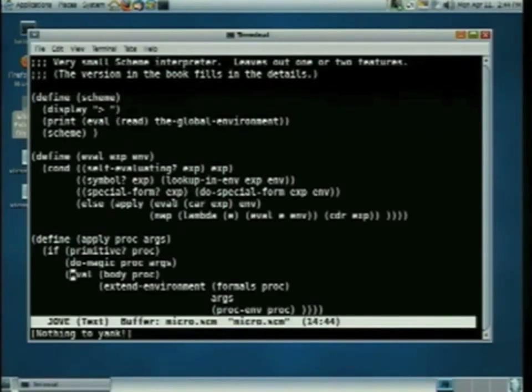So maybe writing a BASIC interpreter in Java would be the easiest possible interpreter assignment.